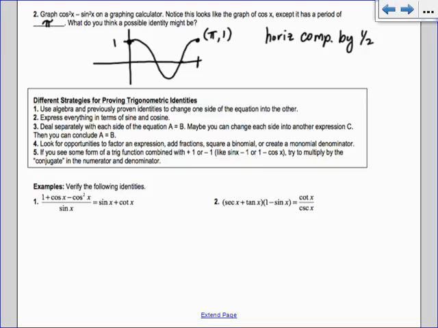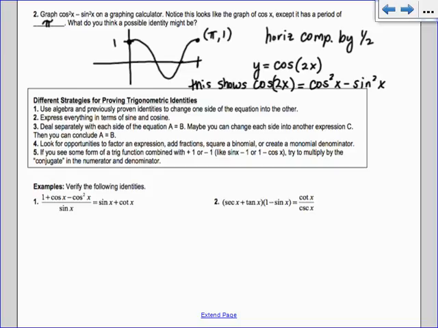If you think back to that section that we did before, instead of being cosine of x, if we have a horizontal compression by 1/2, it ends up being cosine of 2x. So this shows that cosine of 2x is actually the same as cosine squared x minus sine squared x. That's going to be another identity that we will have: cosine of 2x equals cosine squared x minus sine squared x.